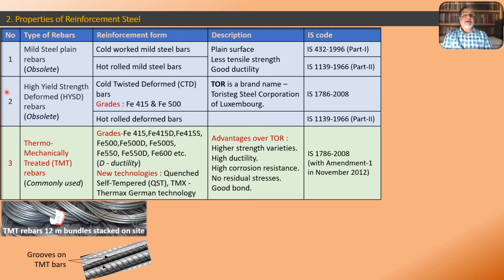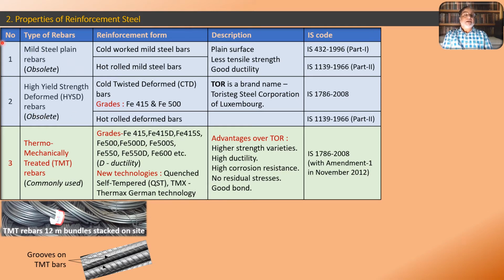IS code has permitted them, but in the market, since there have been rapid advancements in the steel industry over the last 10-15 years, we are commonly using TMT bars as reinforcement or rebars. So mild steel plain rebars and HYSD rebars are becoming obsolete. They are not much used, and that is why we will not concentrate much on them.